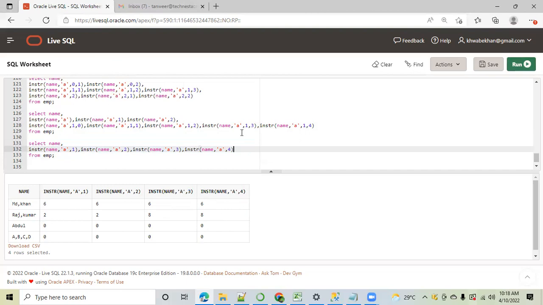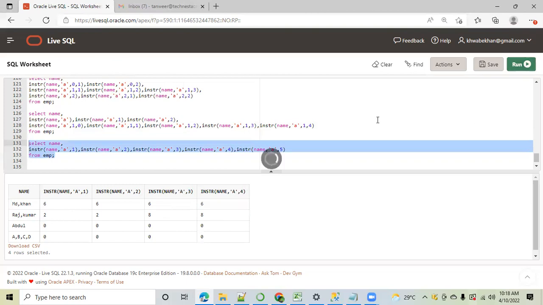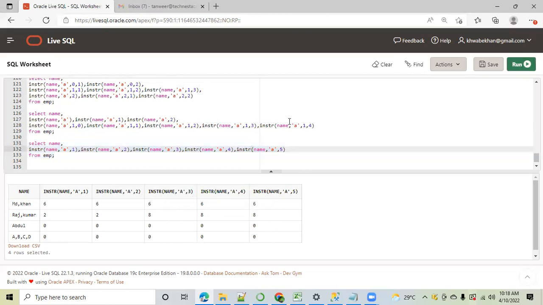Now I will show you a few more examples, and automatically you will understand what is happening here. Check, are you getting the same output now? Notice one thing, after a comma 3, you will be getting the same output. Now the question is why?